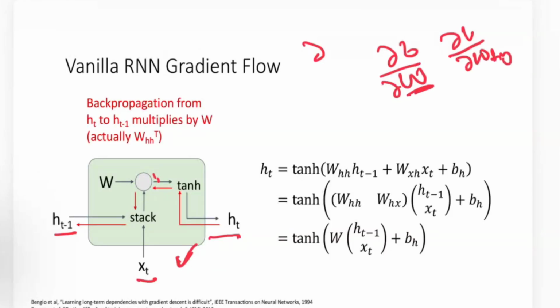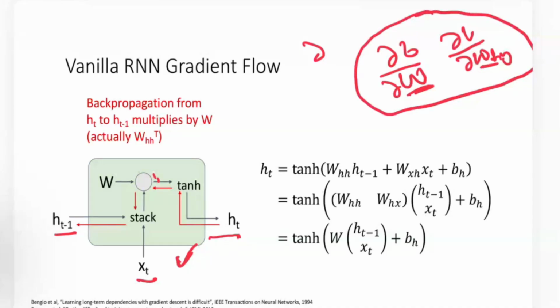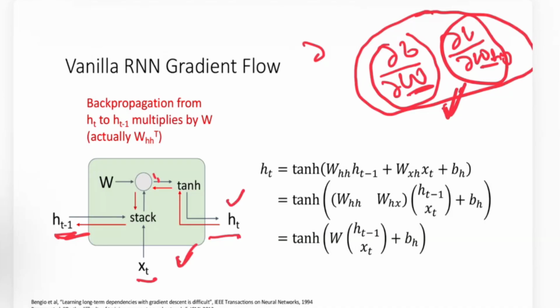So this W contains W_HH and W_XH, and this is containing W_HY. At the end you have to find these, but finding them needs this part also. For calculating this, you also have to find the gradient of L with respect to the state, or the gradient of the output state with respect to the input state, because those are also variables.